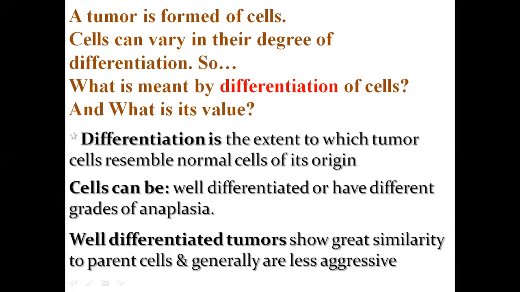Okay. And by the way, although well-differentiated tumors have better prognosis, the undifferentiated and poorly differentiated tumors, which have no similarity to the original cells, have a character. They are aggressive, right? And have bad prognosis.